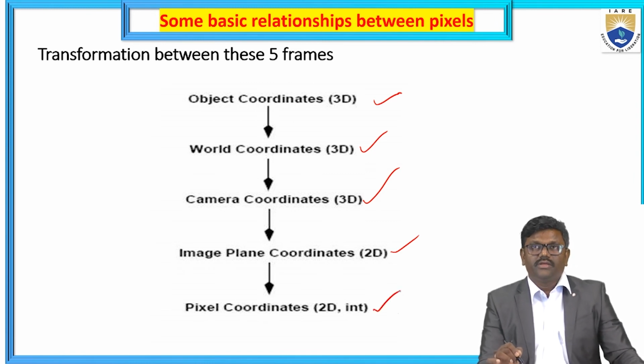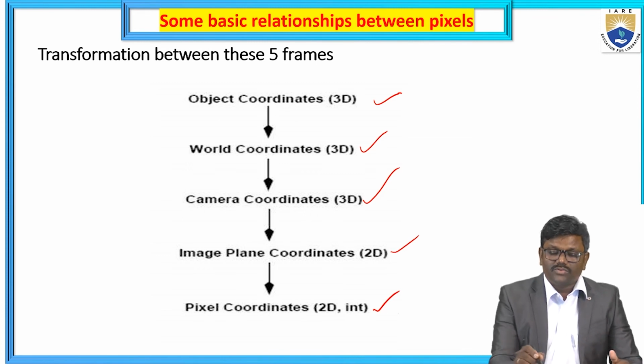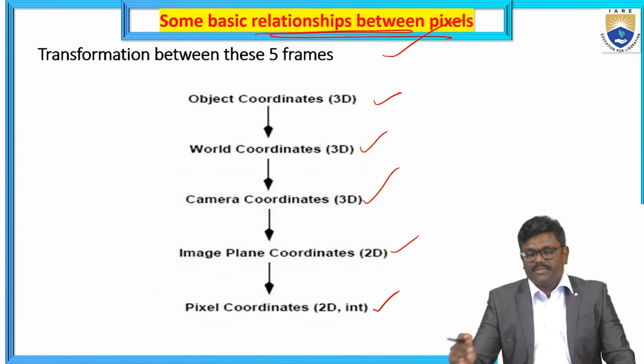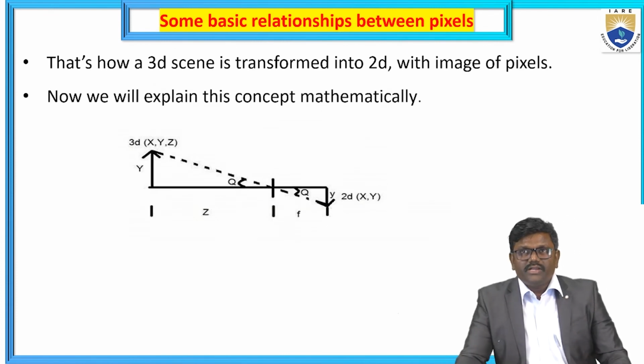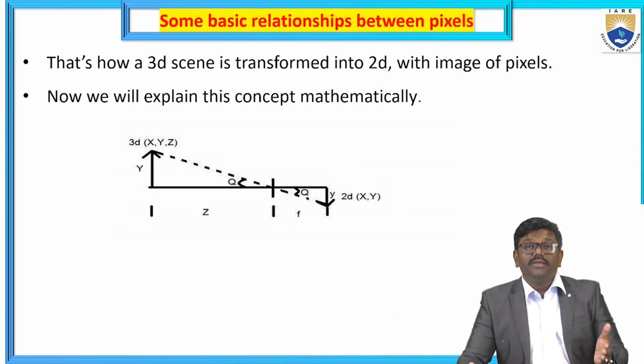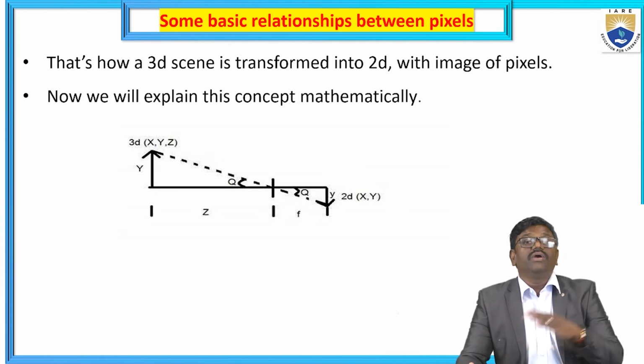These also help us understand the relationship between pixels. Once we understand this relationship, let me take one simple example: that is how a 3D image scene is transformed into 2D or vice versa.